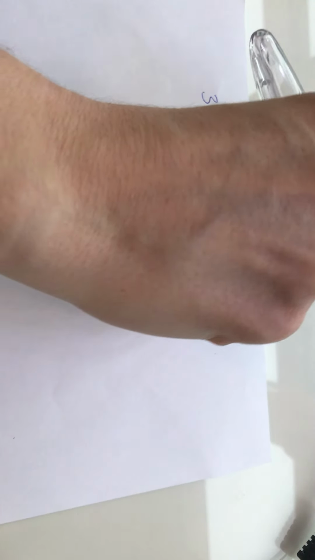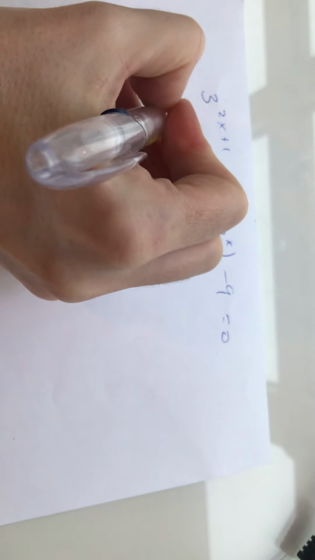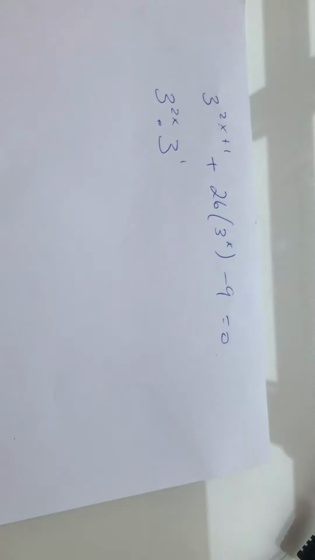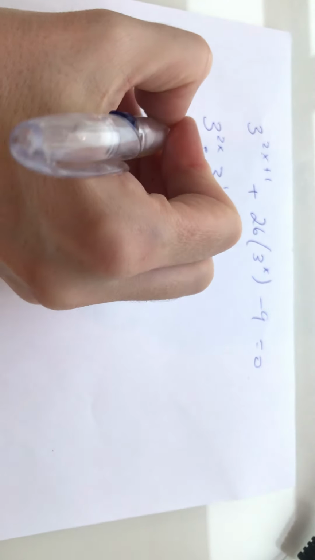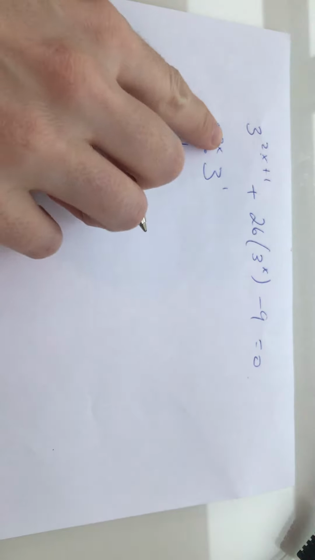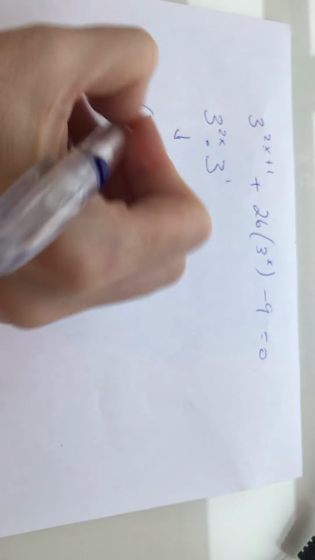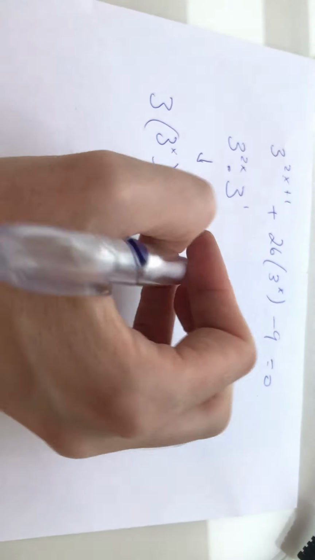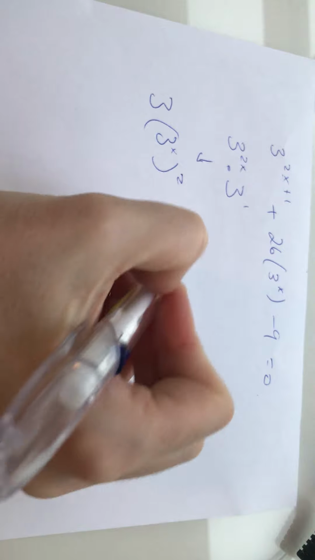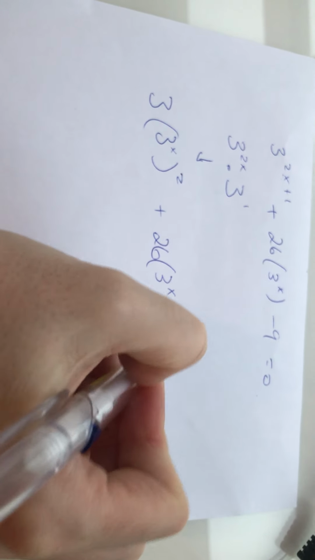In my indices, I have a plus in my powers, so that can be written as 3 to the power of 2x times 3 to the power of 1. I can rewrite this as (3 to the power of x) squared times 3. It doesn't matter if you put the 3 before or after, I just prefer writing it in the front. Plus the 26 times 3 to the power of x, minus 9 equals 0.